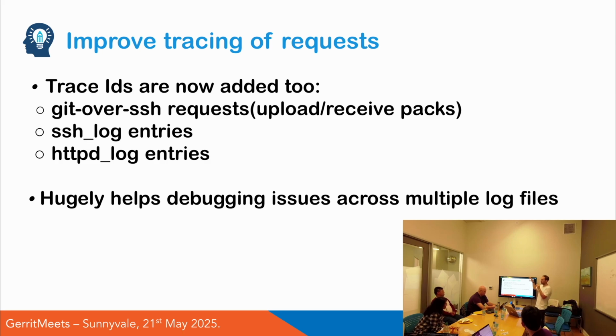First of all, the trace IDs were not added to all the log entries. If you traced a request, that trace ID would be added to some extra log lines, but not in the SSH log or the HTTPD log entries. Now that's added there.